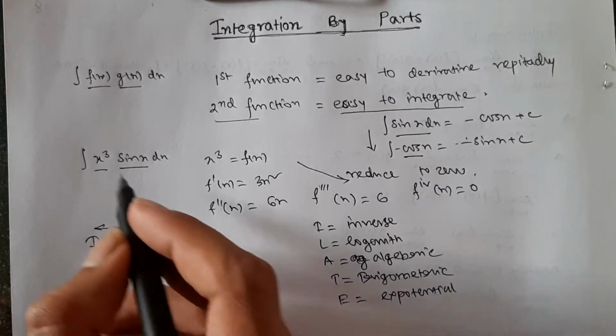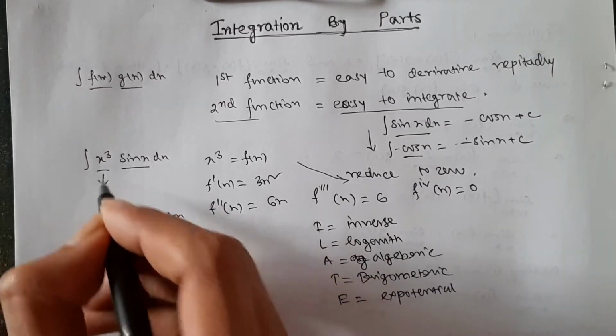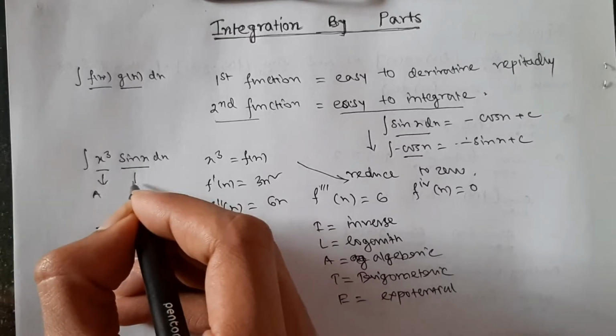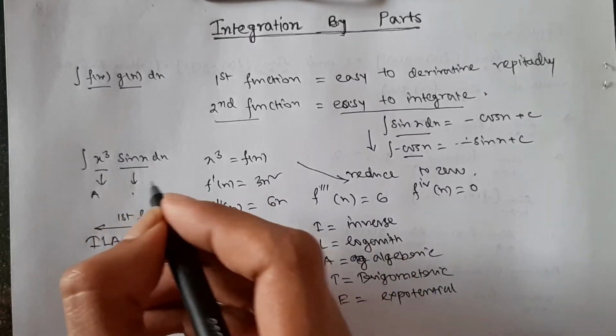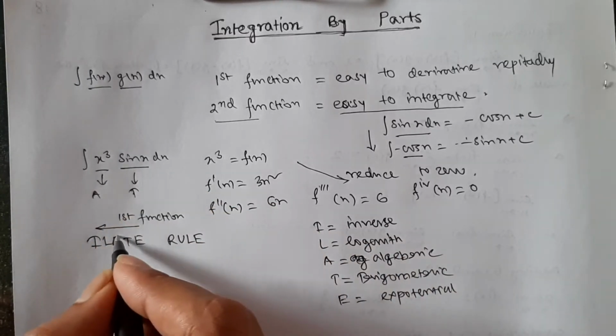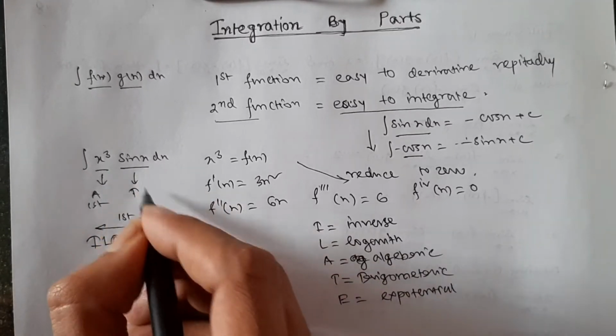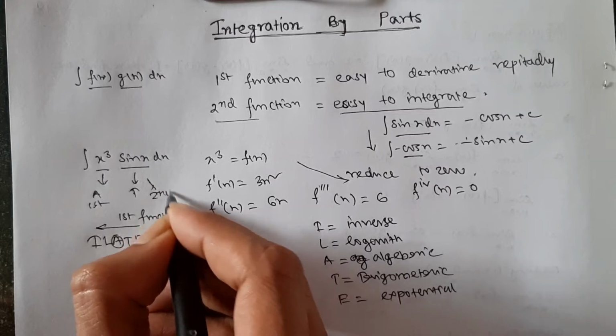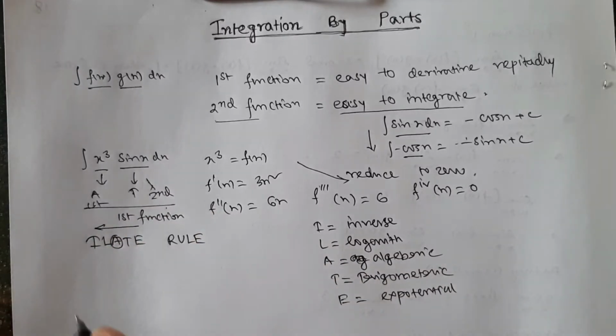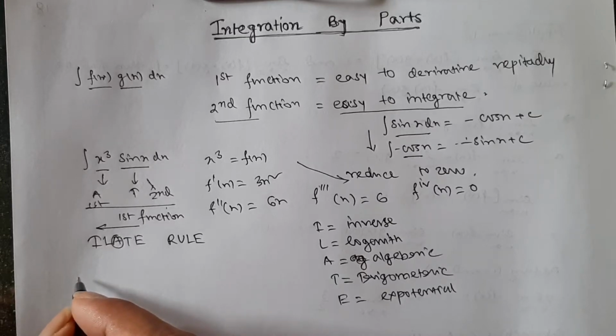So in this function, this is algebraic, A, and this is trigonometric, T. So A is the first function and T, sin x, is the second function. This is not a hard and fast rule; there are also exceptions to this rule. So what should we know?